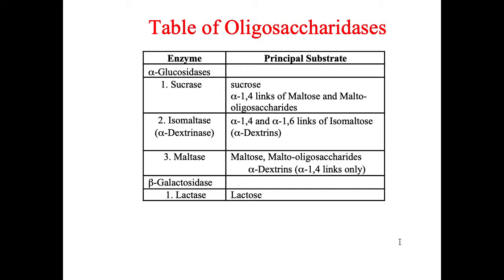This enzyme down here, lactase, is a beta-galactosidase. Its substrate has galactose and a beta-glycosidic bond. So it's different than the other ones. And we can imagine the substrate for lactase, lactose.